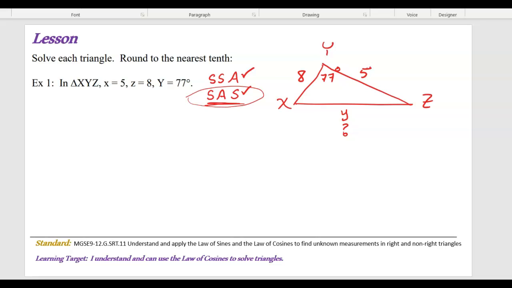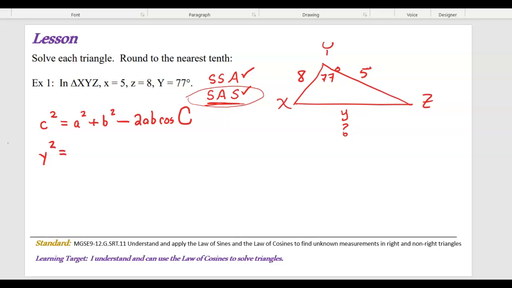Okay? So here's the law of cosines. I'm going to write it in its most basic form, and then I'll never go back to this again. So I have c squared equals a squared plus b squared minus 2ab times cosine of angle C. Now in this case, I'm trying to find y.